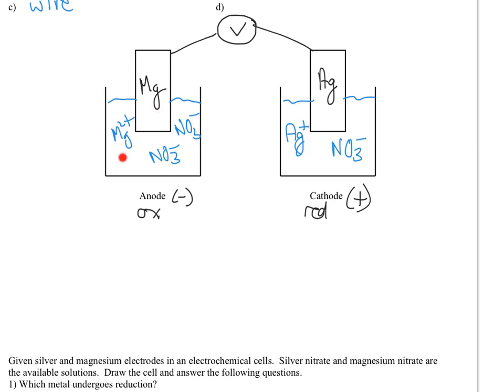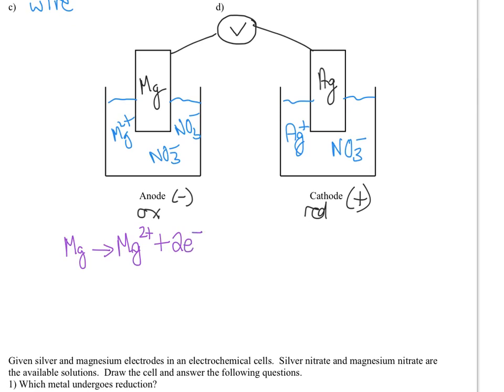In other words, when I write my reaction, which one is my reactant and which one is my product? Well, if it's oxidized, the charge is going up, so that means you go from low charge to higher charge. So you would go from 0 to +2. So the neutral magnesium would turn into Mg2+, and then you would want to lose the 2 electrons there.